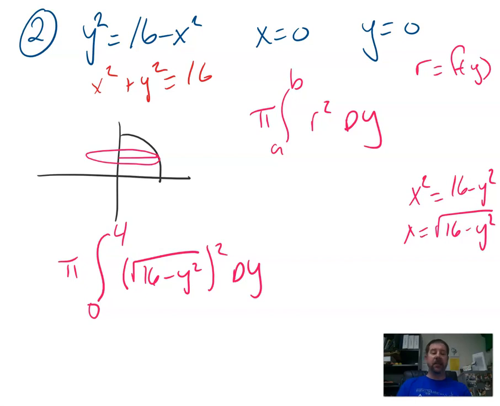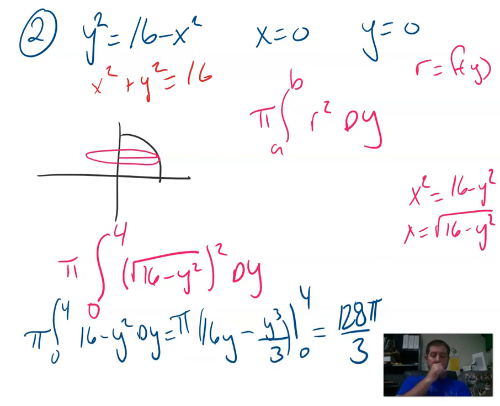If it doesn't, it means you probably made a mistake. So we get pi times the integral from 0 to 4 of 16 minus y squared dy. When I integrate that, I get pi times 16y minus y cubed over 3, evaluated from 0 to 4. And when I evaluate that, I get 128 pi over 3 as our answer.